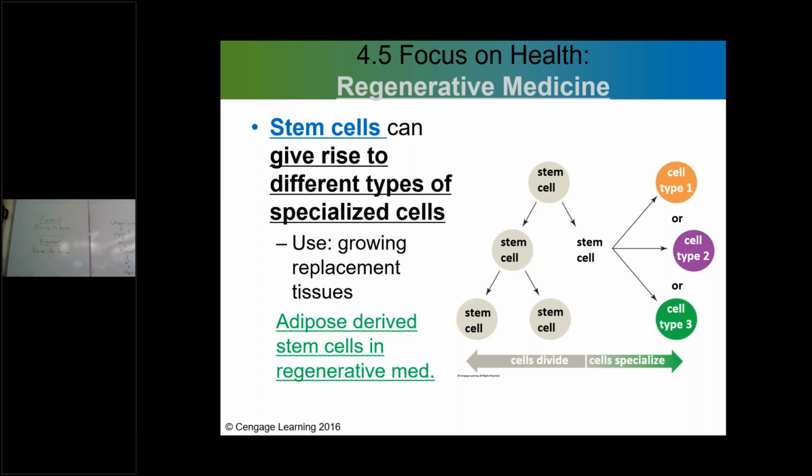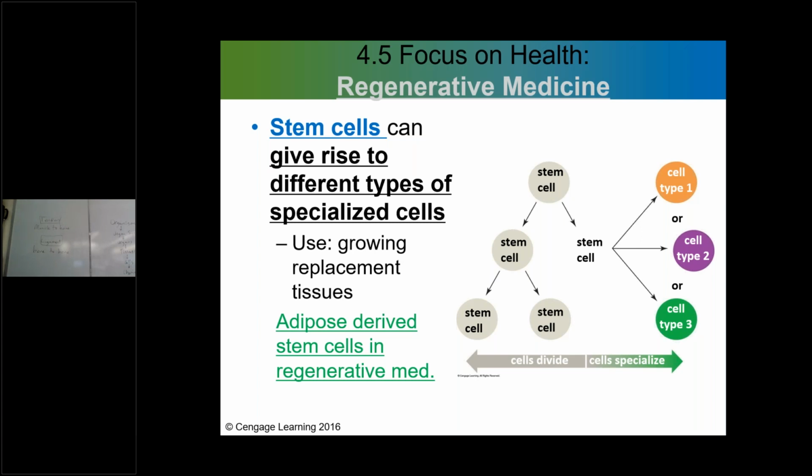The type of research that's going on in using different types of stem cells would be for seeing if we can take a stem cell that should be differentiating into one type of cell and create it to produce like nerve cells. So how about people who are in accidents and they become a paraplegic or a quadriplegic and they're paralyzed?